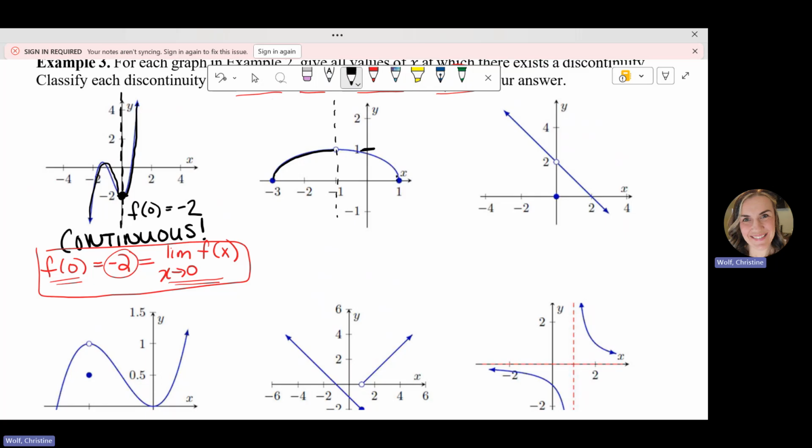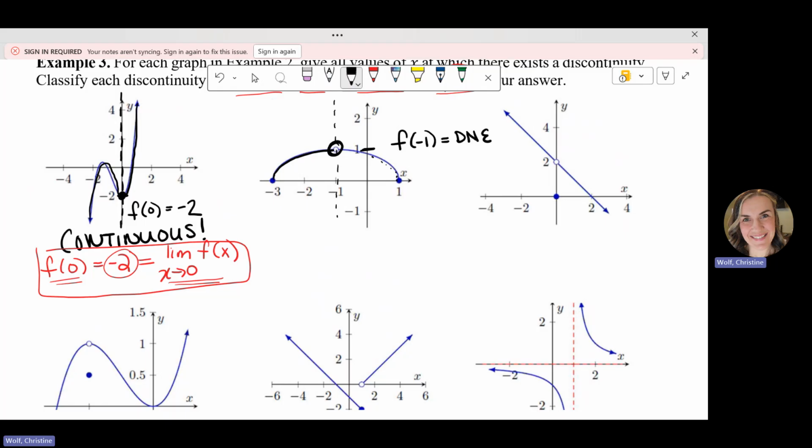And then when I approach from the right, I also have 1. So our limit exists at 1. That's good. But now, when I check f at -1, I see I have a hole in the graph, so it actually doesn't exist.